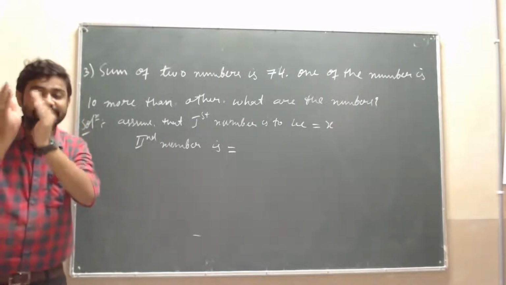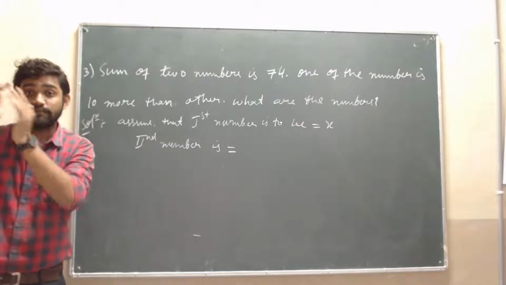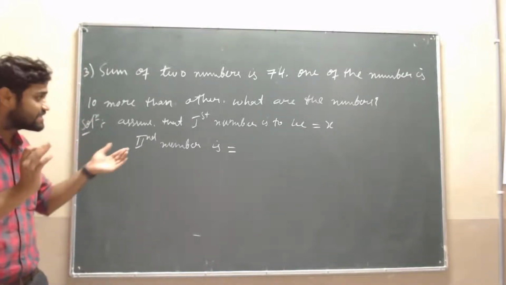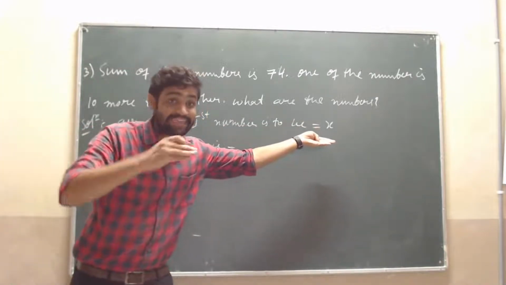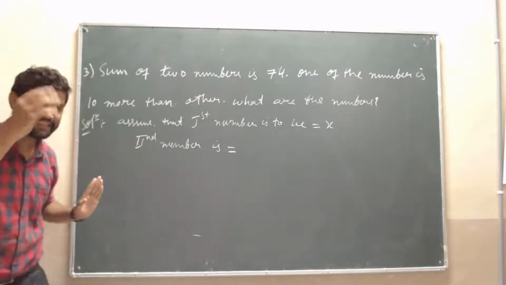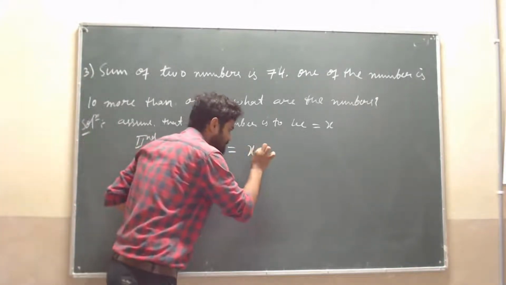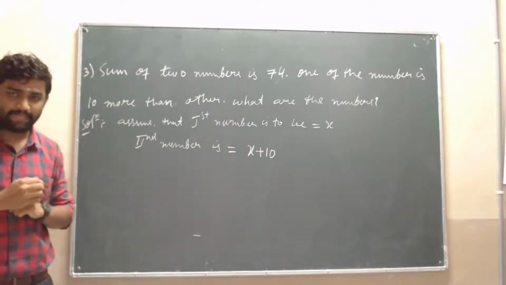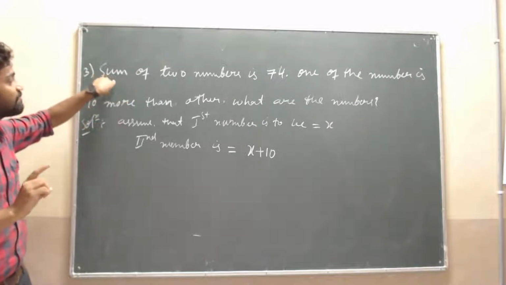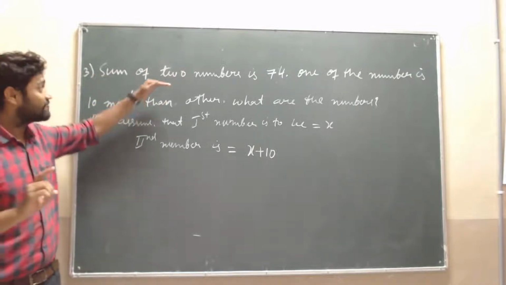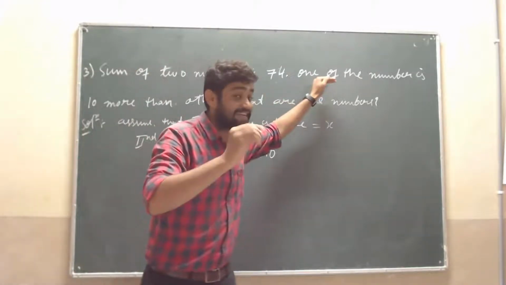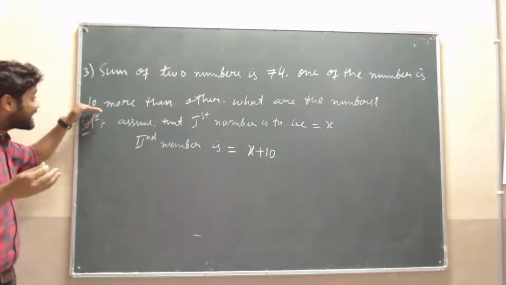10 more means 10 more than the other number. Are you getting my point? That is, first number we have x, and second number we have 10 more than the other, that is x plus 10. Sum of two numbers is 74. We have two numbers, in that one number is 10 more than the other.